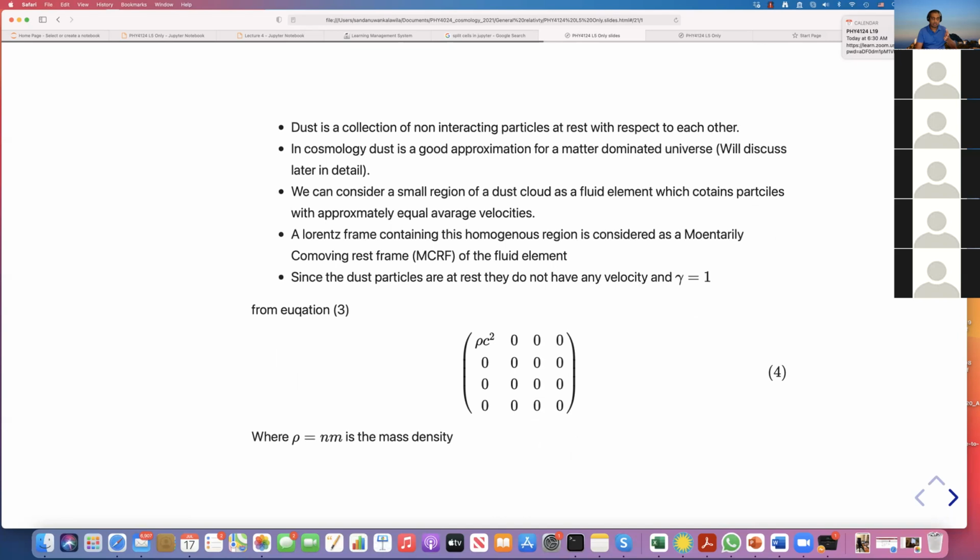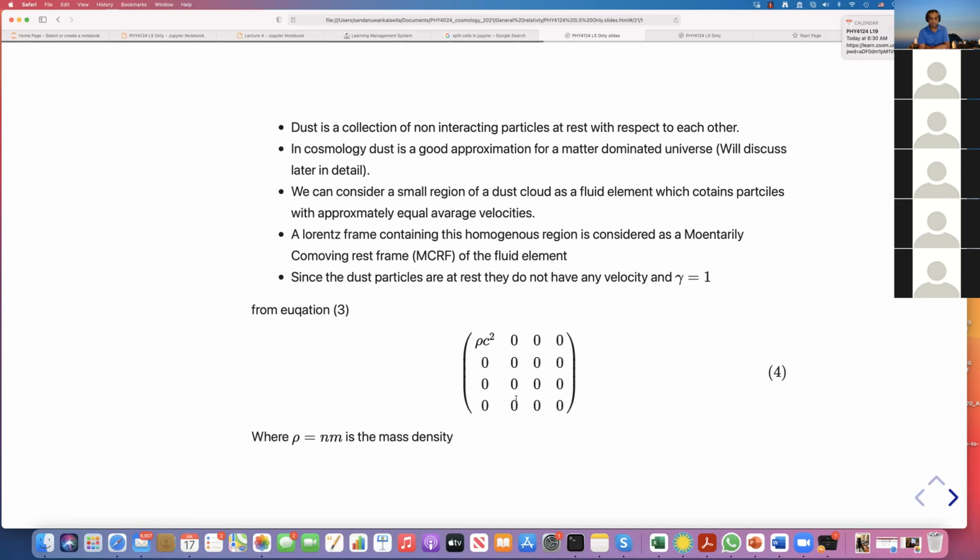For the dust, we discussed what the conditions are. Dust is a collection of non-interacting particles and they are at rest. Because of that, we can tell that the energy momentum tensor will be reduced to this form right here, in equation 4.